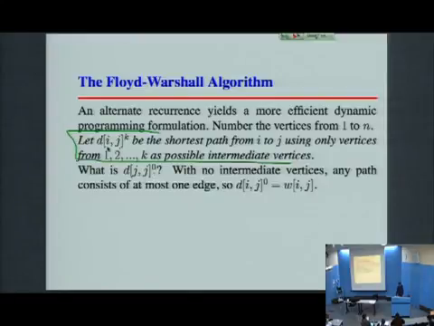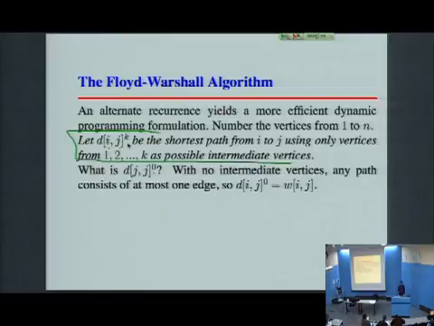Then the shortest path from i to j where we're allowed to use vertex numbered 1 as an intermediary. Then vertex number 2 as an intermediary. Then vertex number 3. We're gradually in each round going to increase the size of the set of vertices that we're allowed to use as intermediaries.